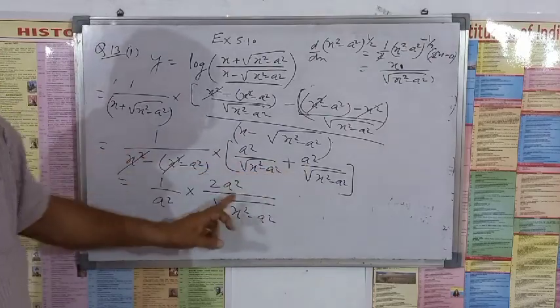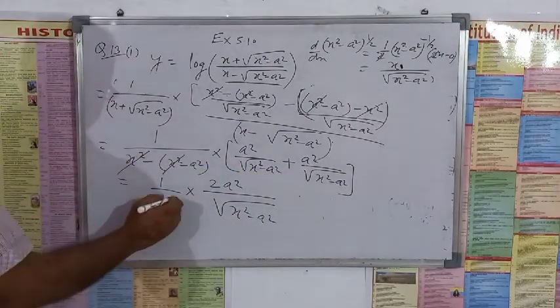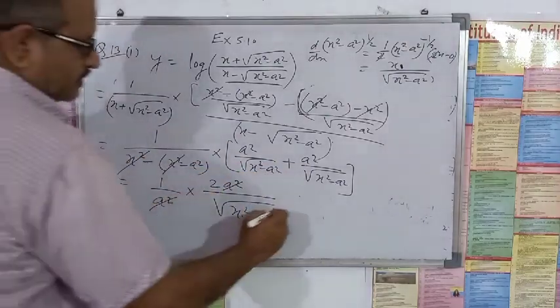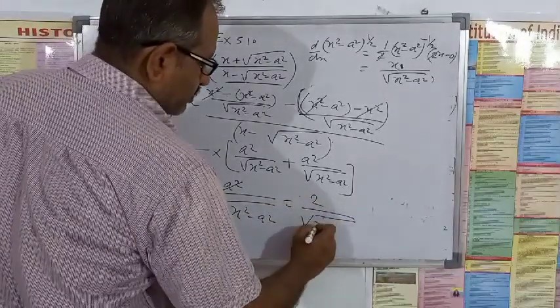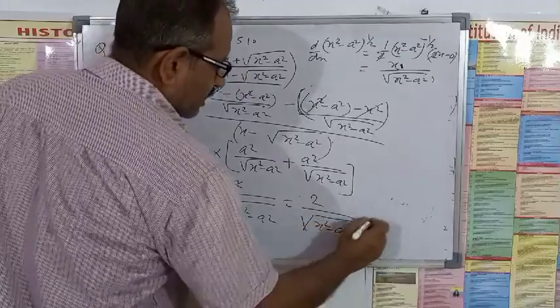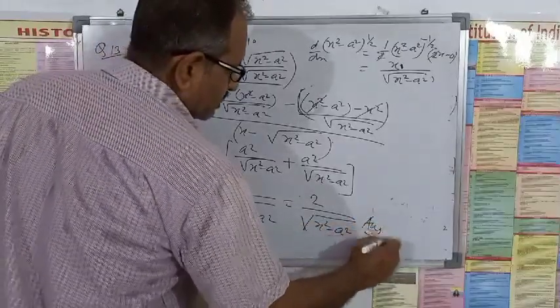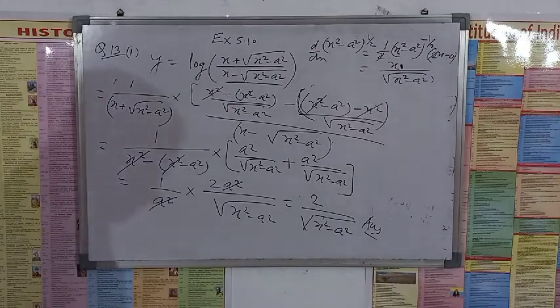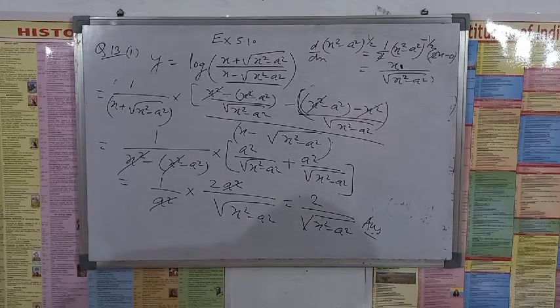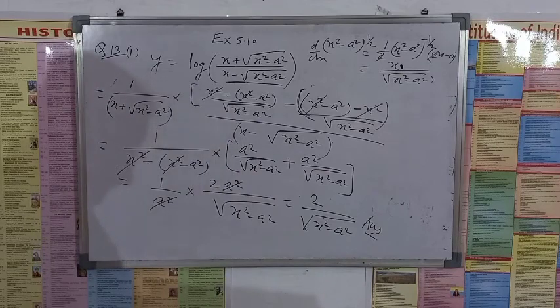A square plus a square, 2a square upon this. A square cancel with a square. So it will come 2 upon under root x square minus a square. This is the answer. So it was question number 13, first part: 2 upon under root x square minus a square.